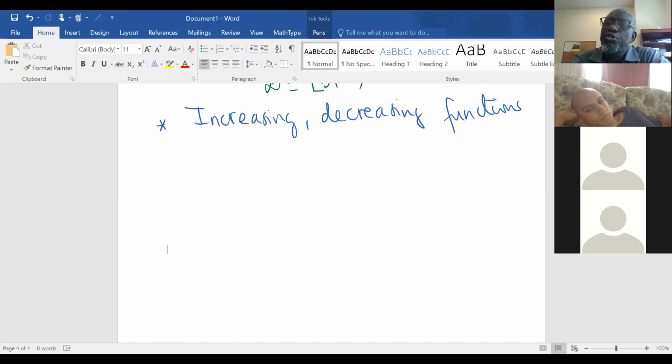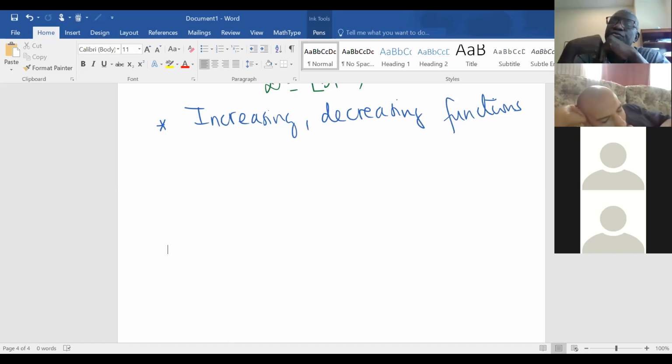The more you use, what's going to happen to your bill? It's going to increase. Your bill will get higher, right? The more power you use, the higher your bill will be. That is an increasing function. There is an increasing dependency between the input and the output, right? They vary the same way. If X increases, Y increases, right?